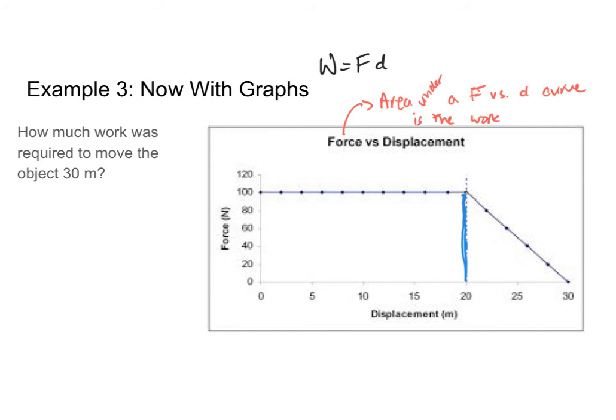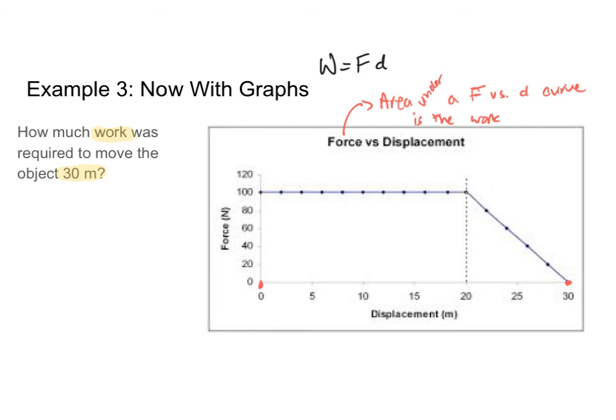So my question is asking me how much work was required to move the object 30 meters. In other words, what is the area under the graph from 0 to 30?